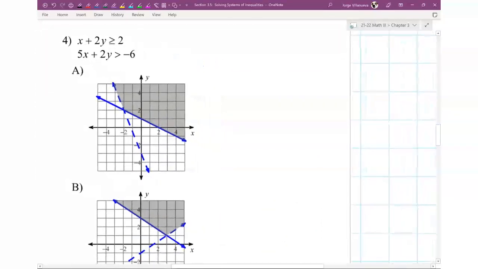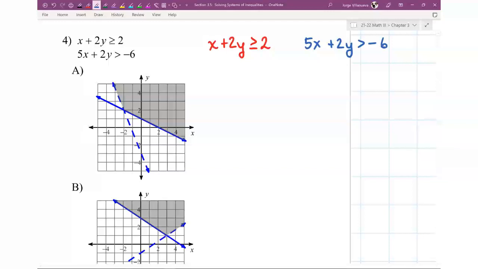Now for number 4, it's not solved for y, so we're gonna have to actually do it. Okay, so let's go ahead and solve for y. I'm gonna write x plus 2y greater than or equal to 2. And then in blue, I'll do 5x plus 2y greater than negative 6. Okay? We're going to have to solve both of them for y, which I hope you guys are good at doing by now.